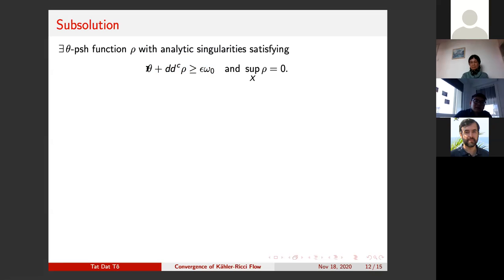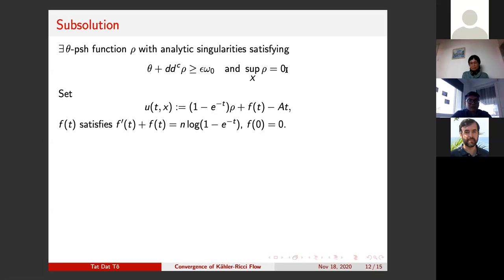I mean that the current theta plus dd^c of rho is a strictly positive current, and the potential has a normalization supremum is 0. So this is a classical result implied from the result of Demailly on regularization of Kähler currents.